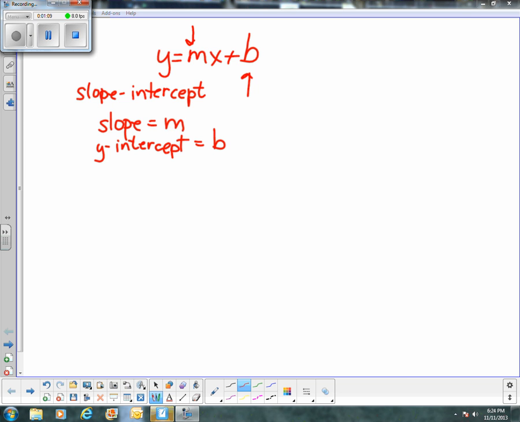So, in an equation like this one, 3x plus 4y equals 8, all we have to do is move things so that we are in y equals mx plus b form. First thing I'm going to do is move the 3x. This cancels.